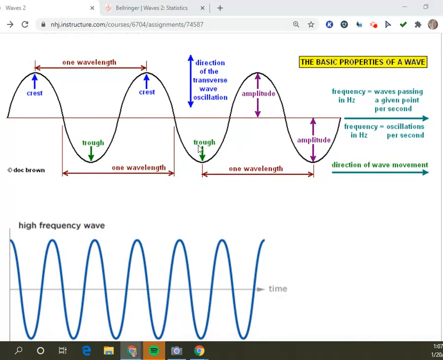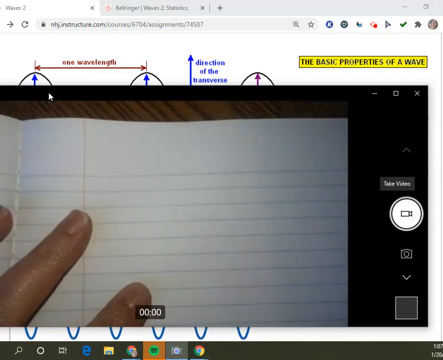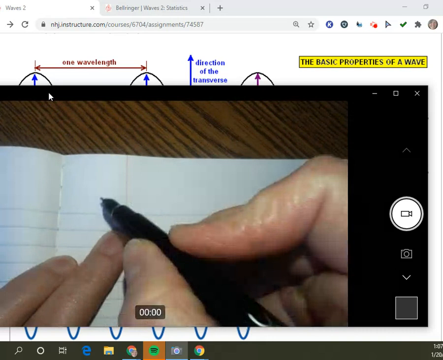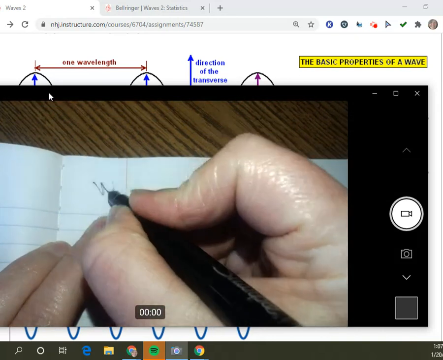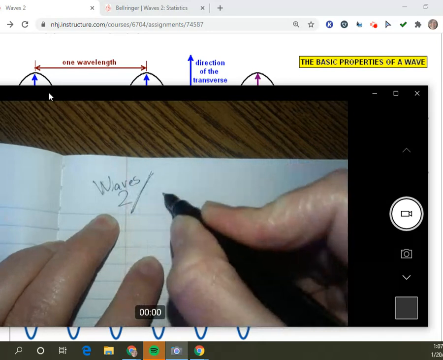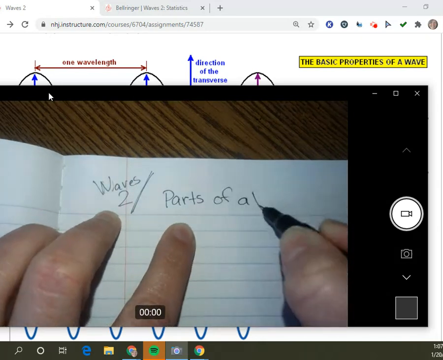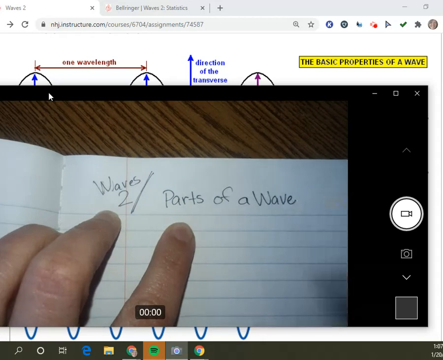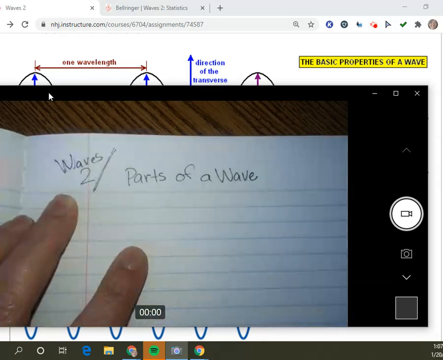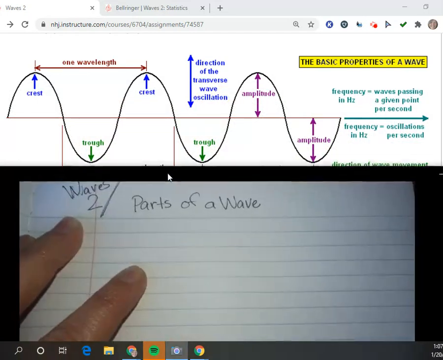So I'm going to pull up my notebook and we'll get started with some notes. I'm going to label it waves 2, parts of a wave. So let's try to look at this picture and our notebook at the same time.